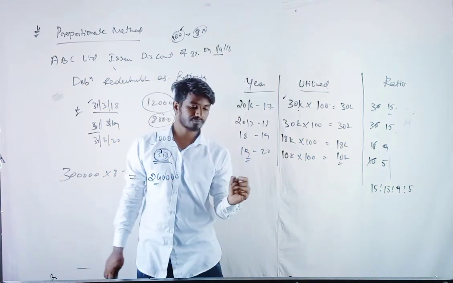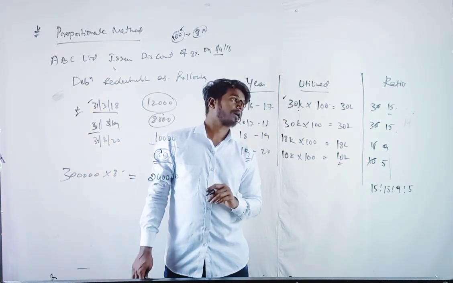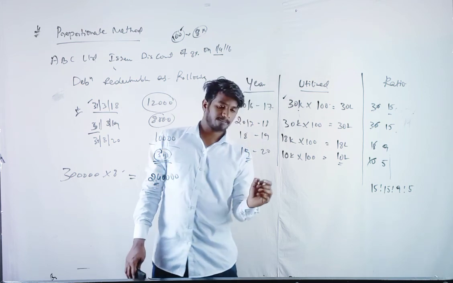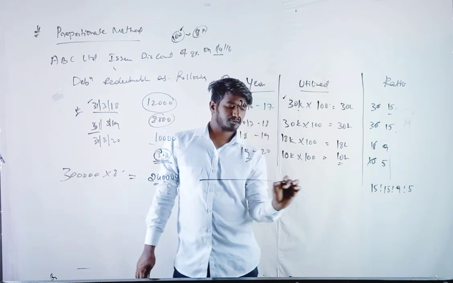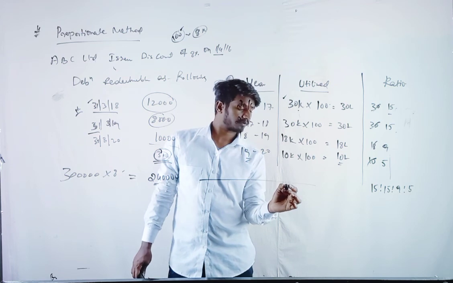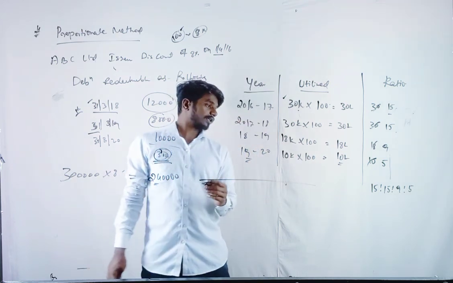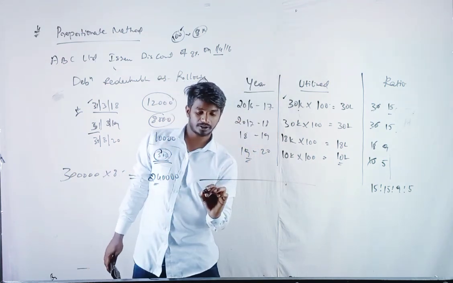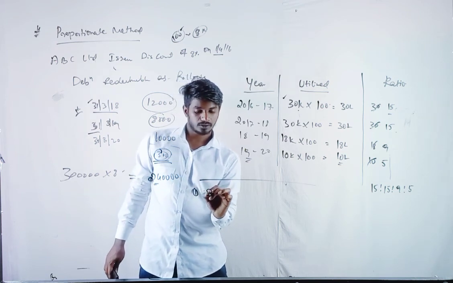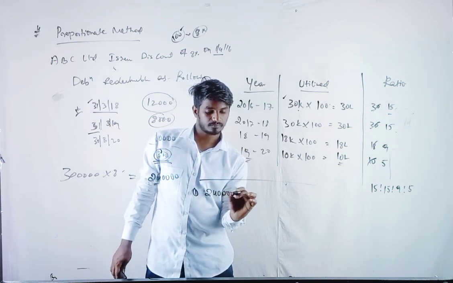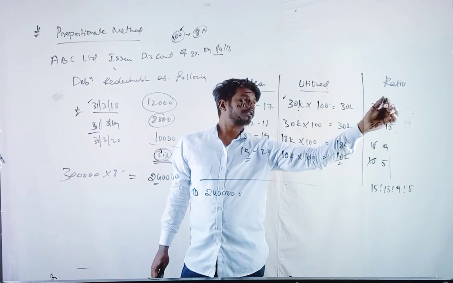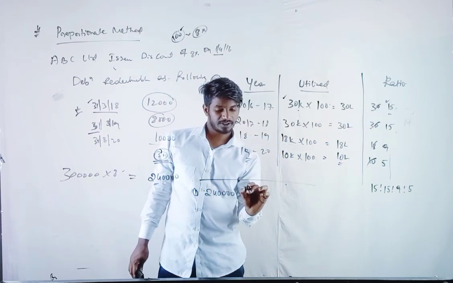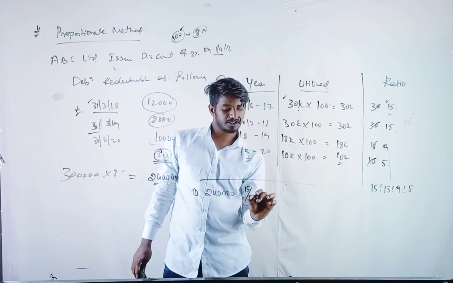And shall we proportion this with the ratio? Yes, 2 lakh 40,000 into the first year's 15 divided by 44.